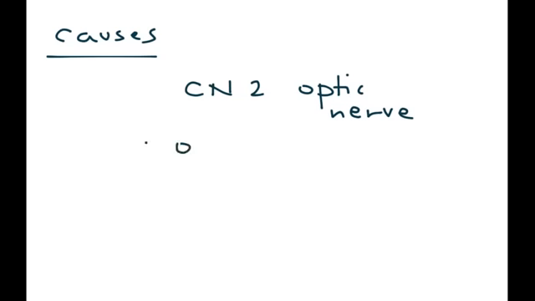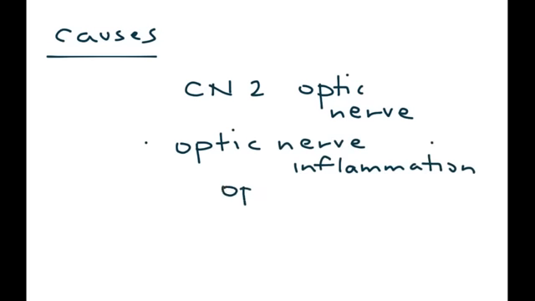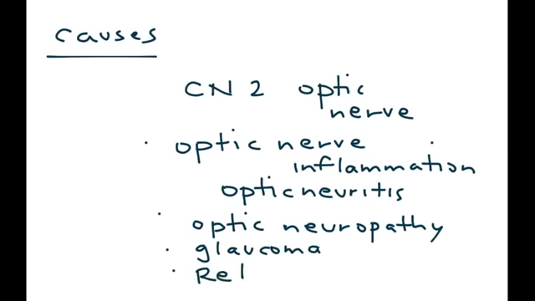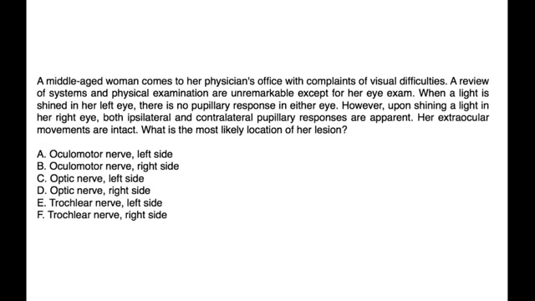And those include optic nerve inflammation, also known as optic neuritis, optic neuropathy, glaucoma, and also retinal diseases such as retinal detachment. So keep these medical conditions in mind. So let's take a look at a clinical vignette and see what this looks like.